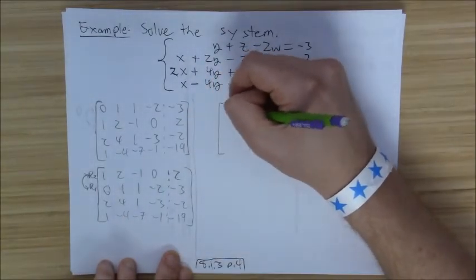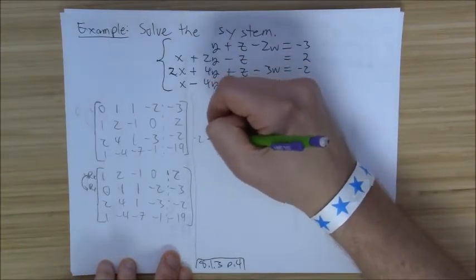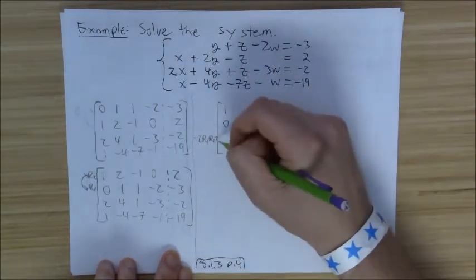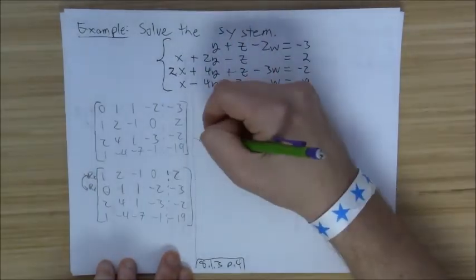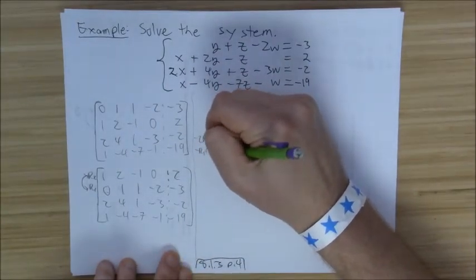So here if I have 1, 0, and then -2 times row 1 added to row 2 here. And then I'm going to take negative row 1 and add it to row 3 to get a new row 3.